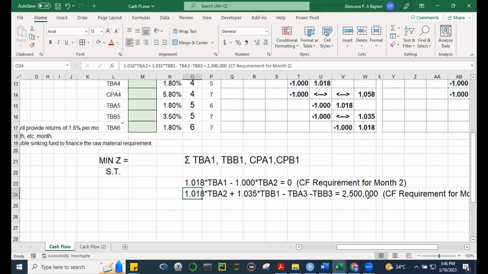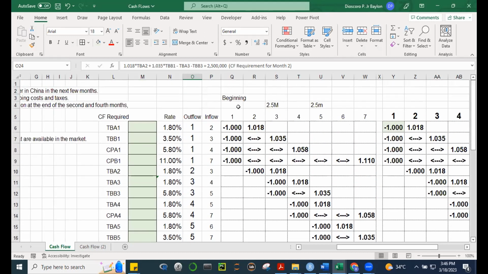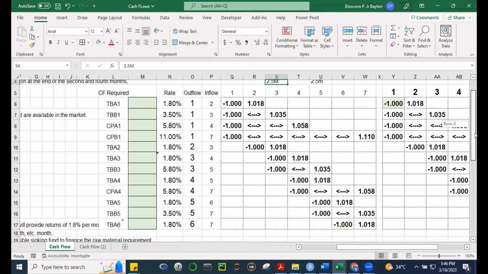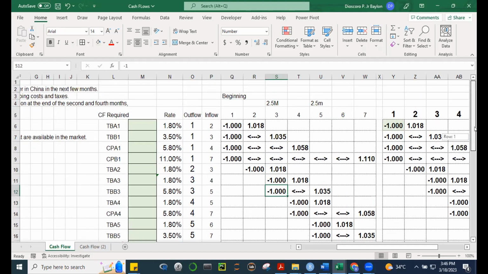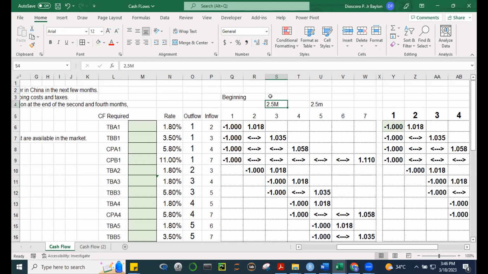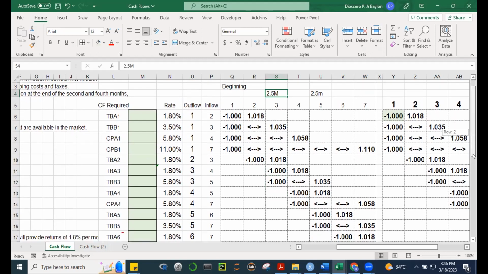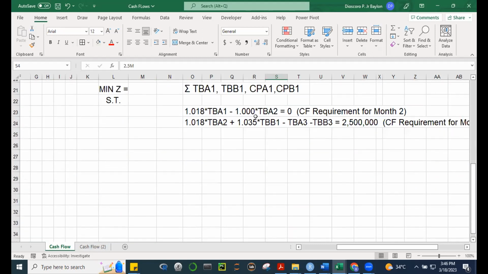To pay our supplier, because at the beginning of month 3, we need to pay our supplier 2.5 million. Therefore, whatever we get minus whatever we put in the other investment, the balance should be used to pay our supplier. That's what this means. Let me pause for a while, class, and ask you if this is clear so far.